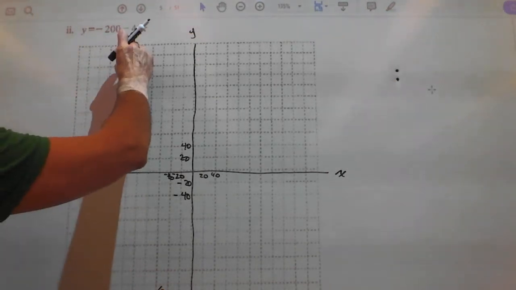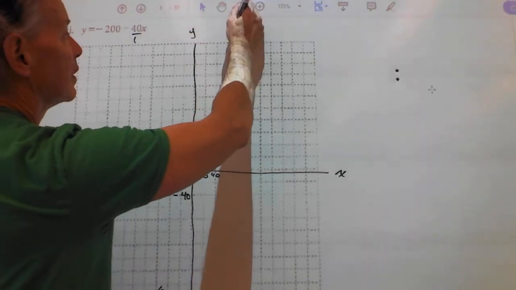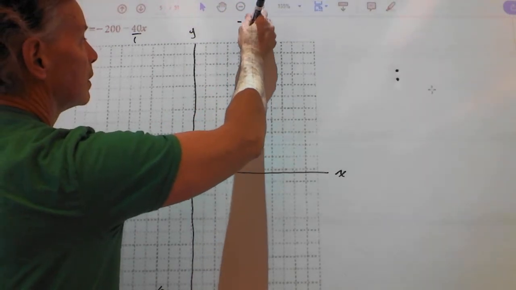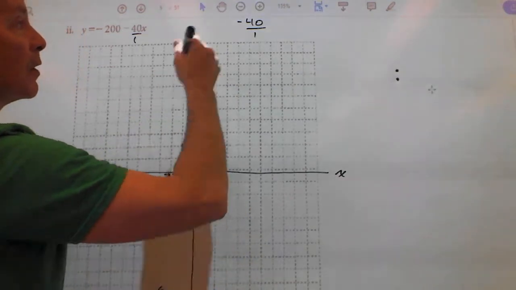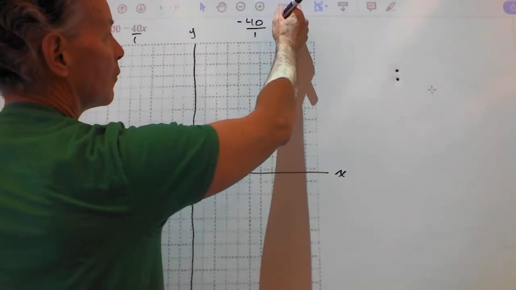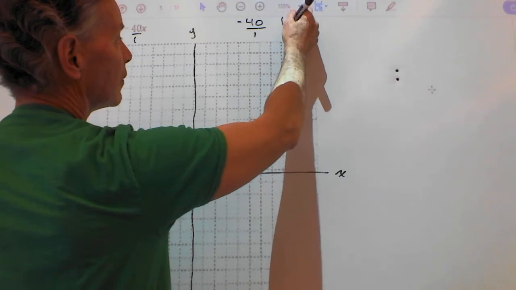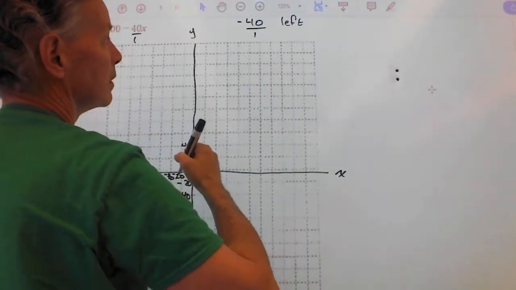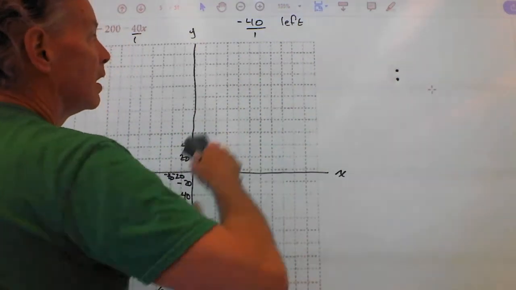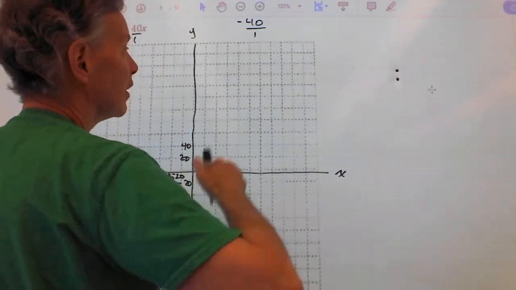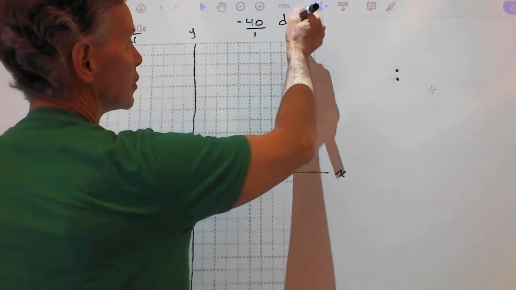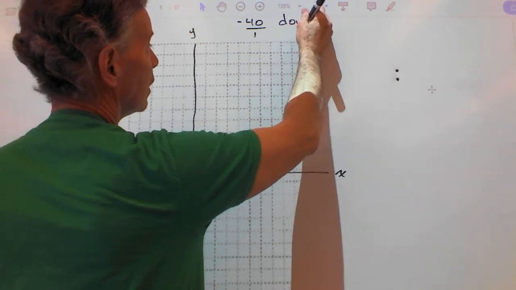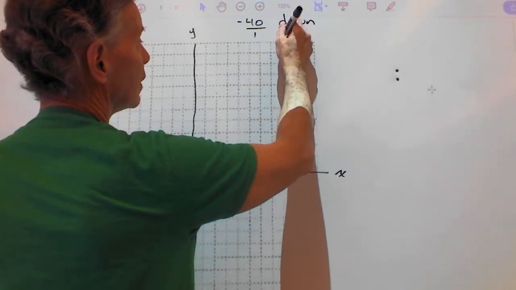Now we use our slope, which is -40 over 1. That means we are going to go 40 to the left. Sorry. I bet you could tell it's Monday. Since this is our delta y, our change in y, we're going to go 40 down, and we're going to go 1 to the right.